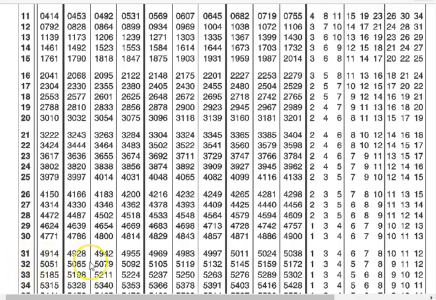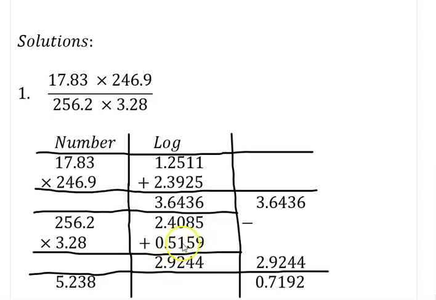This is 0 1 2 3 4 5 6 7 8. 32 under 8 will give us 5159. This one has no difference. That's the reason why we have here 5159. Awesome. So if you add the 2 as well, it will give you 2.9244. Awesome. You keep the result out here as well.